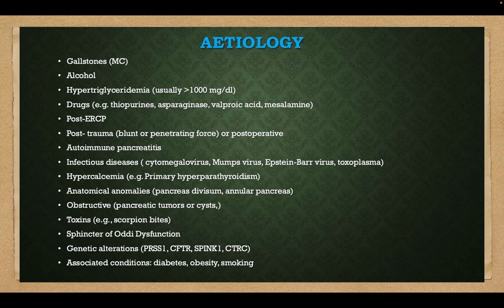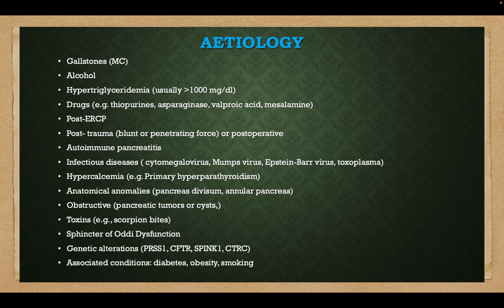There's a whole list of etiologies, starting with gallstones, alcohol, and hypertriglyceridemia forming the big three. Mind you, the triglyceride levels need to be about 1000 milligrams per deciliter for it to be called hypertriglyceridemia induced pancreatitis. Most of the times I see my friends labeling it as this particular cause, even if the triglycerides are marginally raised, say about 300 or 400, but it is not the case.